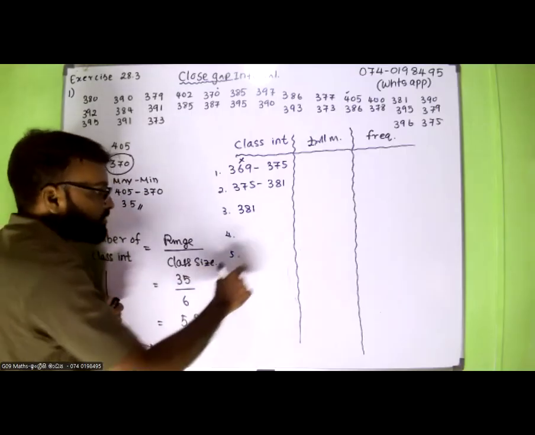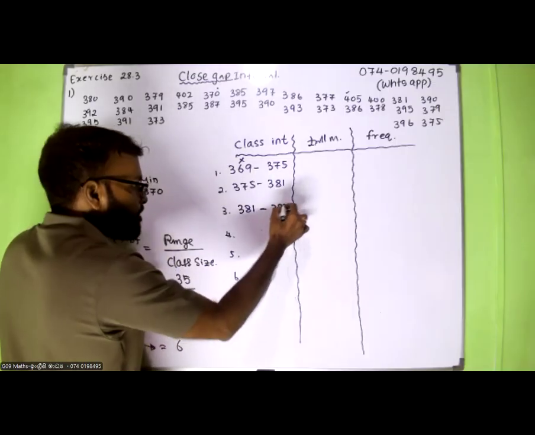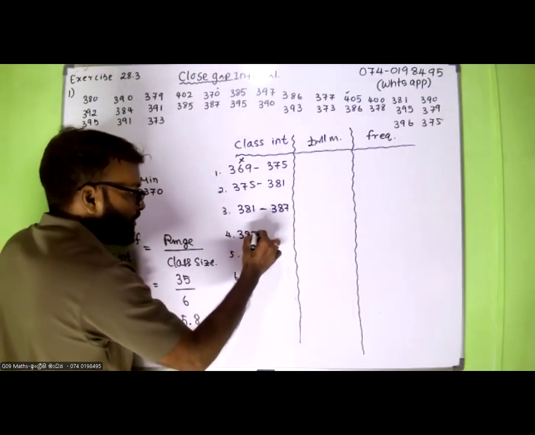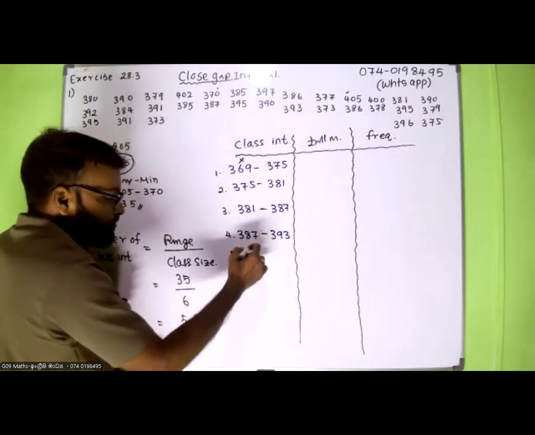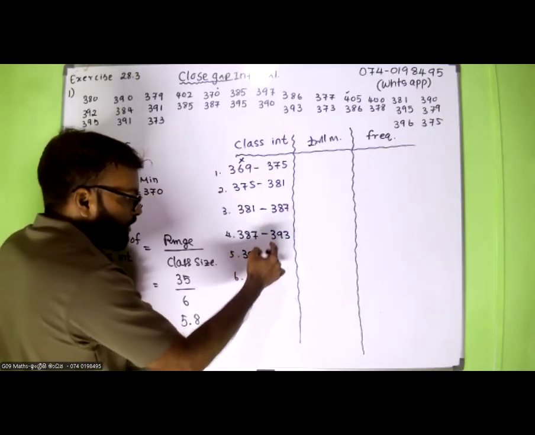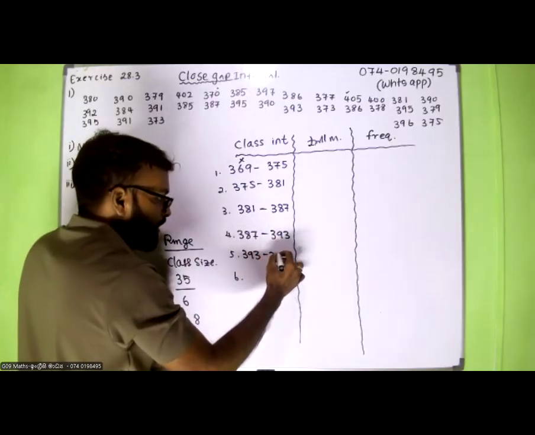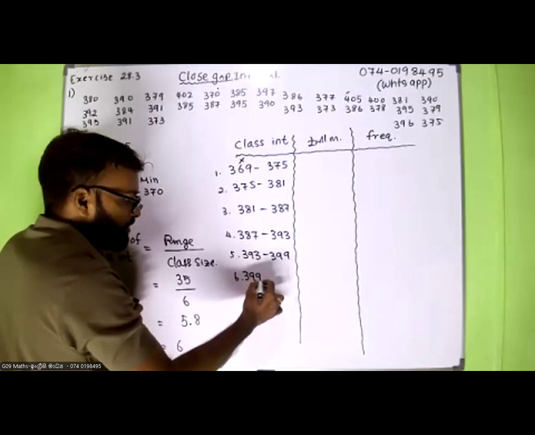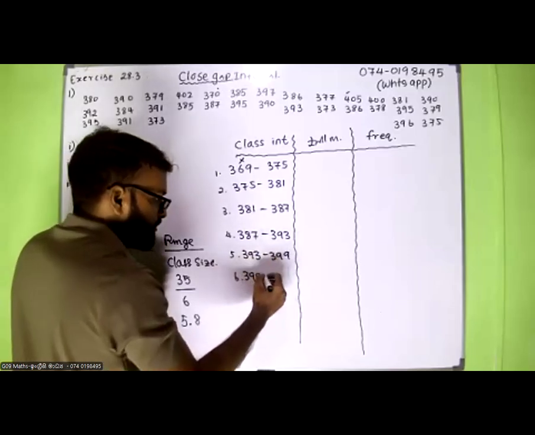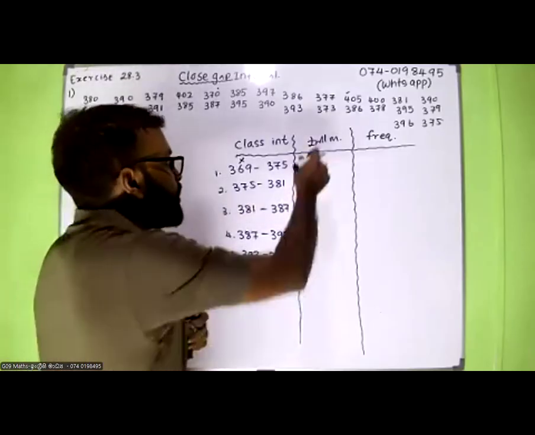Class size is 6, and 6 more is 387. 387 is the starting point. Plus 6 is 393. Starting point again is 393 since closed gap. Plus 6 is 399. Starting point of this class interval is 399, and plus 6 is 405. So you can fill this.